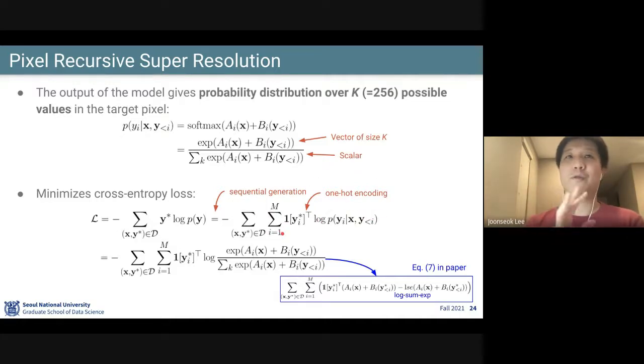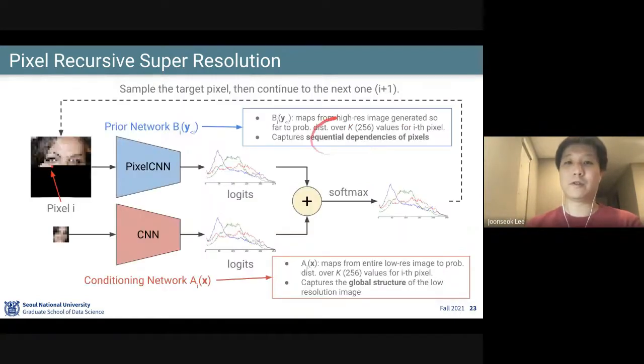That part will be tricky to understand. The y hat is changed to this notation because each pixel is actually represented as a vector of size 256, a one-hot encoding. Only one of those values is 1 and all others are zeros. And our estimation is also the same size, a vector of size k, and we have the probability estimation for each of those possible values, just like this.